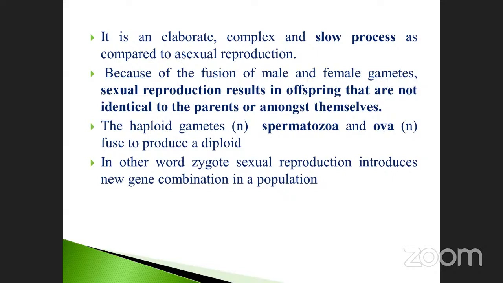In other words, sexual reproduction introduces a new gene combination, because male has DNA, the nucleus, and a different type of gene combination, and female also has a nucleus with a different gene combination. Both are united together, and you get a new gene combination in a population. So this is also very, very important.